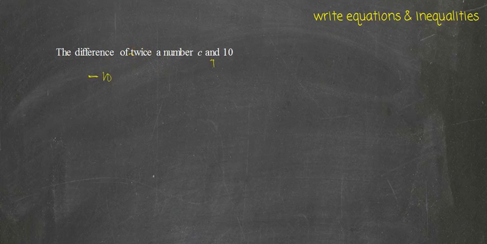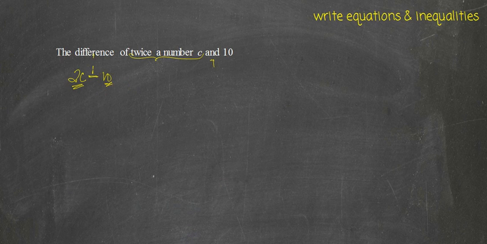Well, twice just means multiply it by 2. So twice a number C is 2 times C. Let's look at it again. Our operation is difference, so subtraction of this, twice a number C, and that, 10.